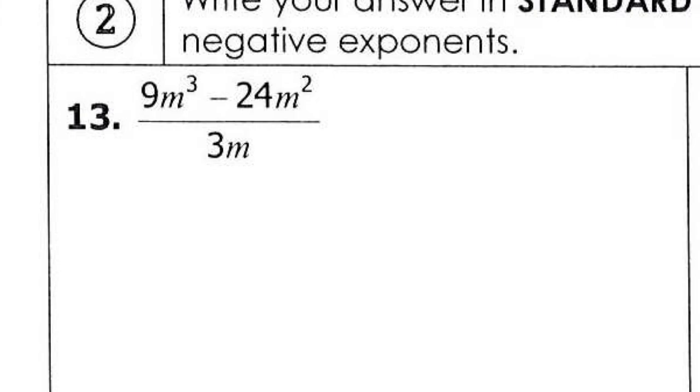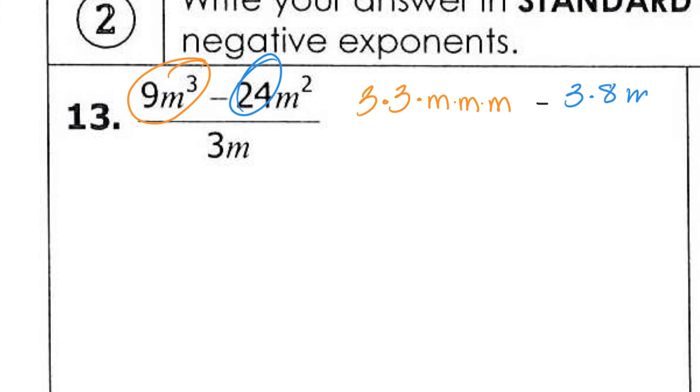If I look at the numerator, I know that 9m cubed can be written as 3 times 3 times m times m times m, and I want to subtract 24m, which is 3 times 8m, divided by 3m.